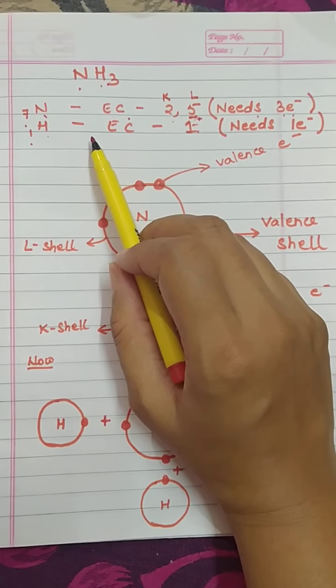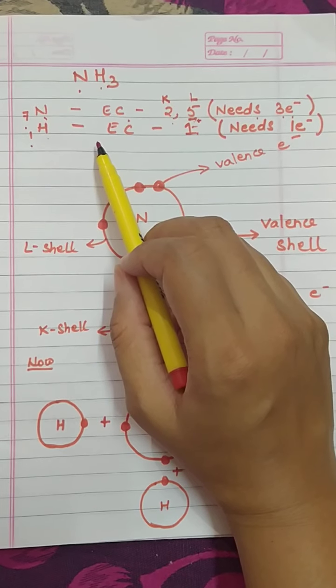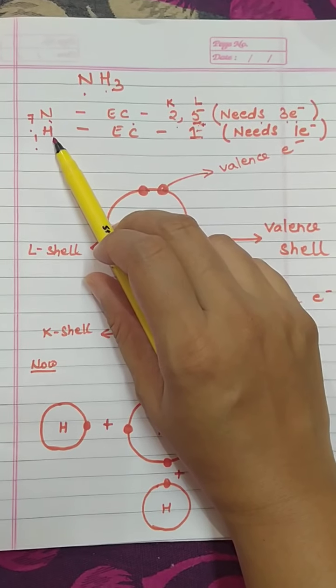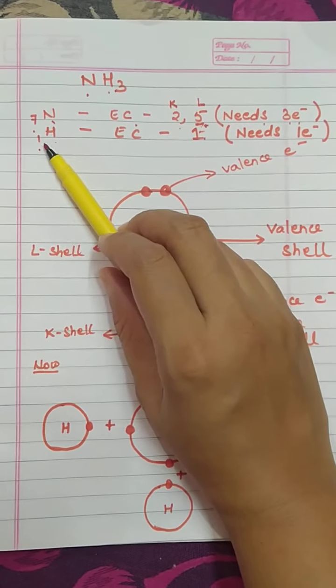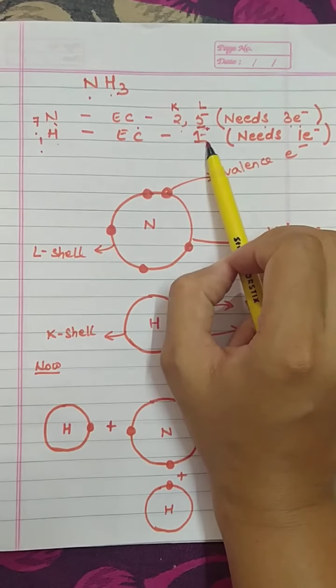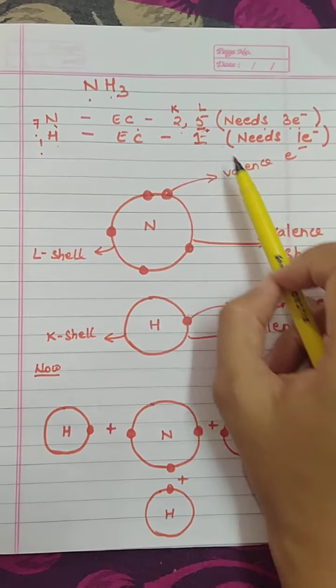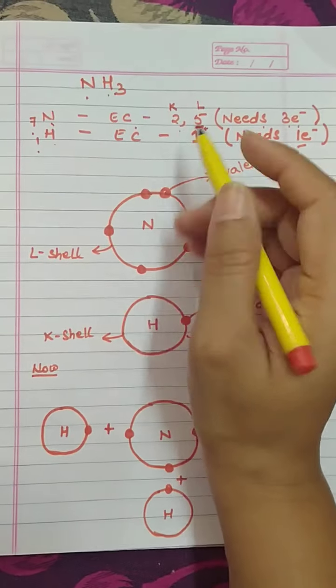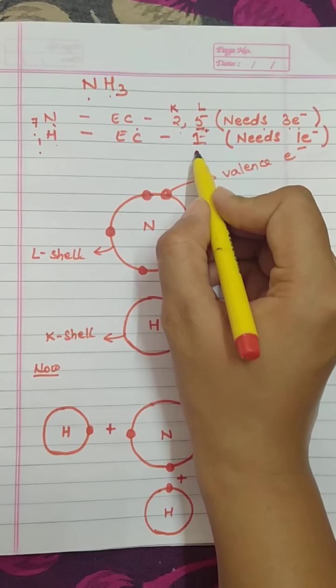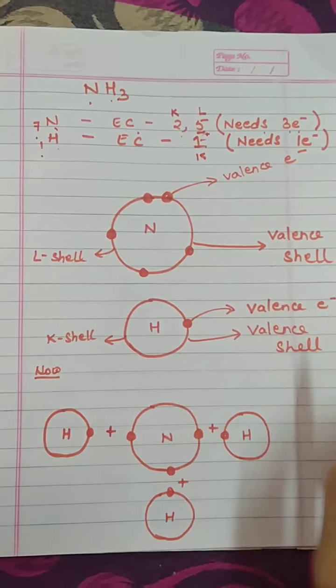Why does every element try to complete its octet? To become stable. Okay. Hydrogen, its atomic number is 1, therefore it will have the electronic configuration as 1 only. In 1, it means that in hydrogen the K shell is containing 1 electron.